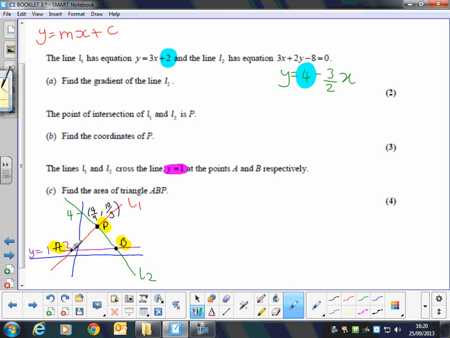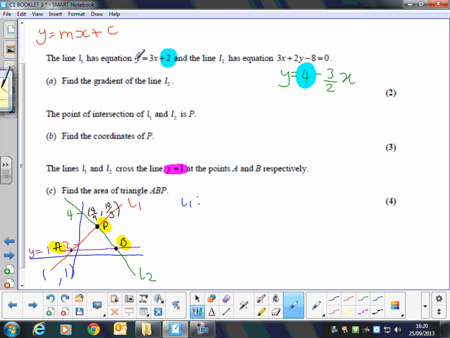So I need to work out the coordinates of point A and of point B. So to do that, I need to substitute y equals 1 into each of these two equations. So if we look at L1 first, point A, we know the y coordinate is going to be 1 because it lies on the line y equals 1. So we need to work out the x coordinate.